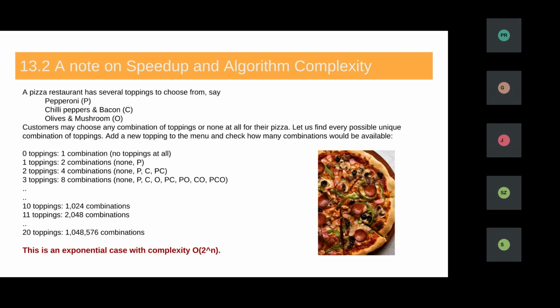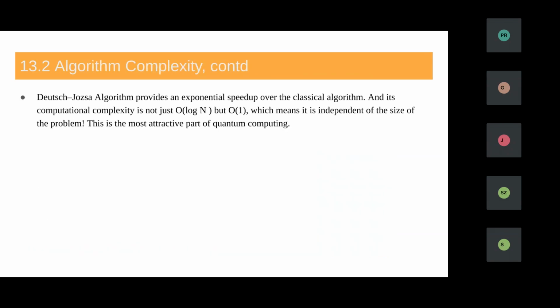So speed up and algorithm complexity, we have to differentiate. In this case, this is the complexity showing the complexity in terms of speed we saw. So let's go back and look at the algorithmic complexity we showed in the Deutsch algorithm, which Gokhale had discussed. You can see there the order was 1, because you do one computation and then you are able to get out, not n computations.